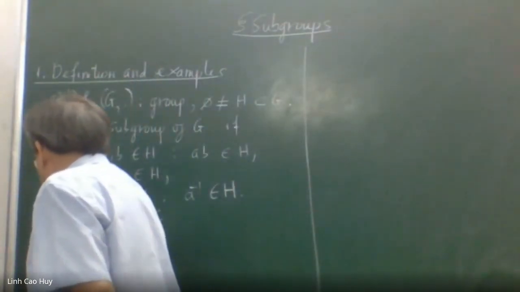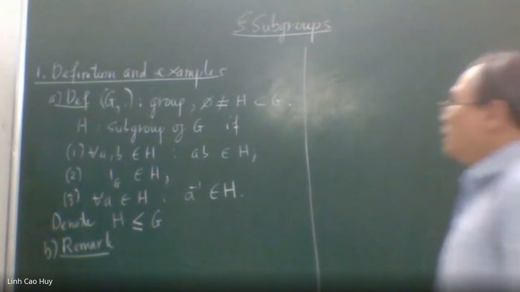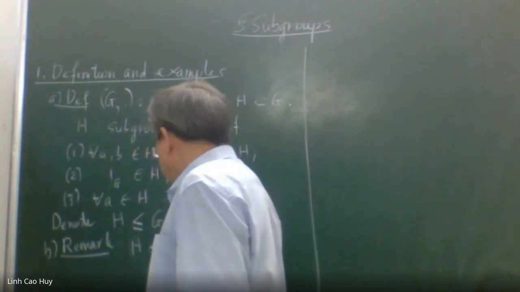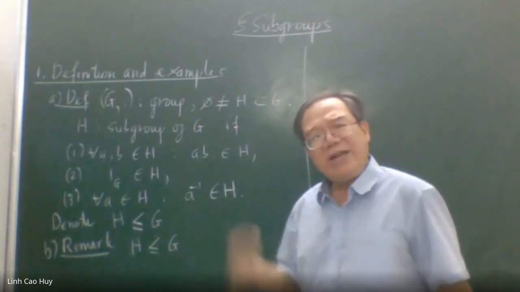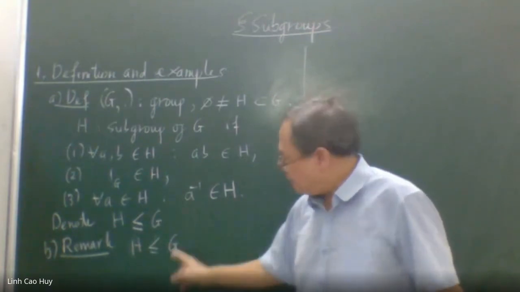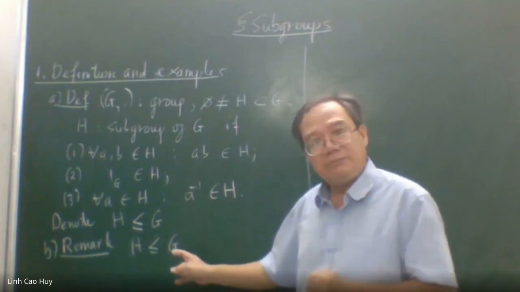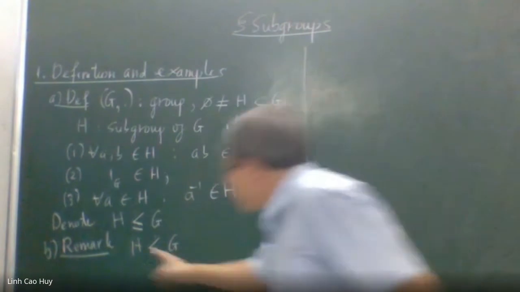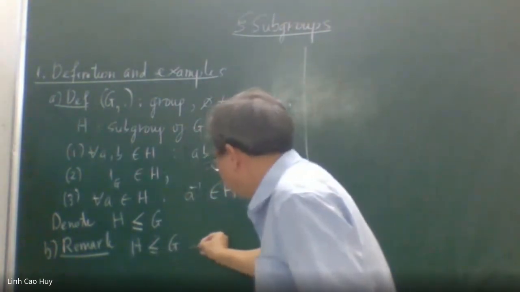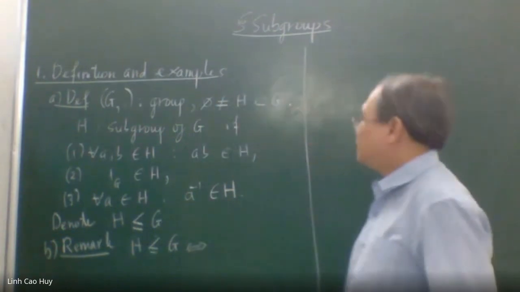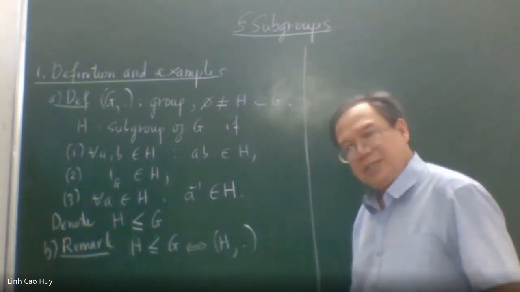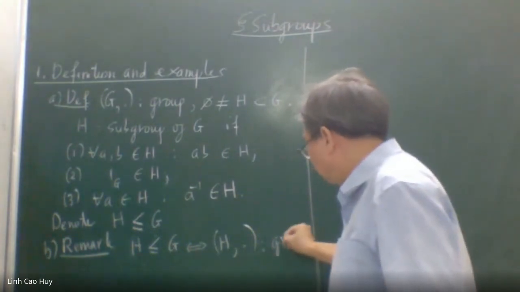Remark: H is a subgroup of G. When we say H is a subgroup of G, that means G, the first one, is a group, and H is a subgroup of the group G. H is a subgroup of G if and only if H, along with the multiplication induced from G, is also a group.